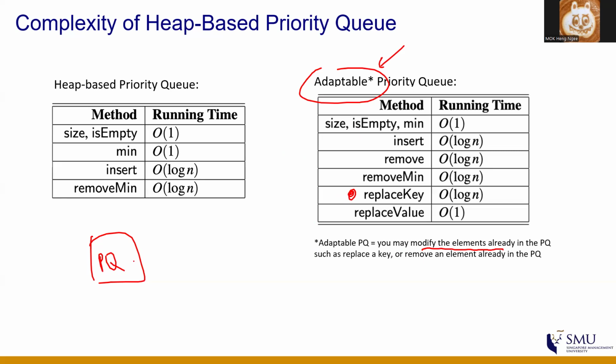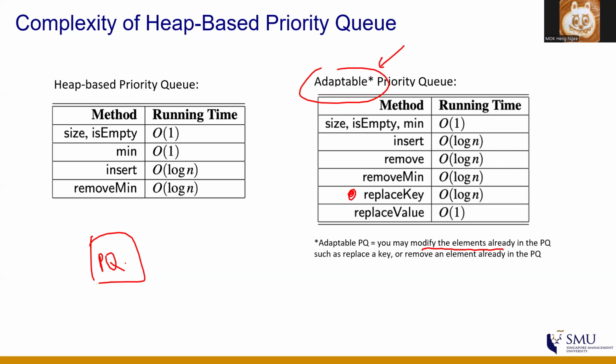Let me give an example. To prevent starvation. Let's say you have an element in the priority queue with a low priority. And then along the way, new elements with higher priority always get inserted or enqueued. And this may result in that low priority element being stuck in the priority queue for a very, very long time or even forever.